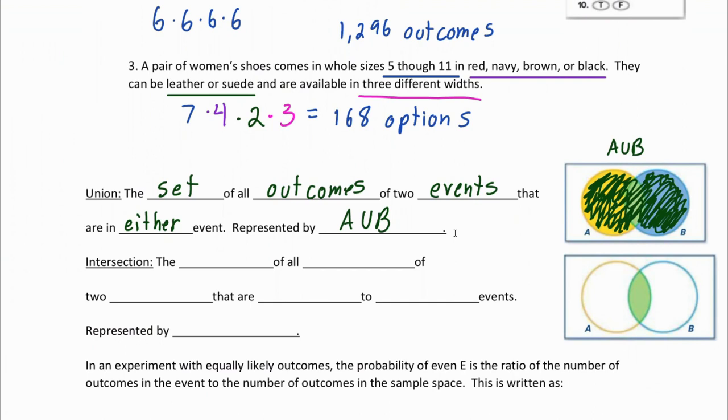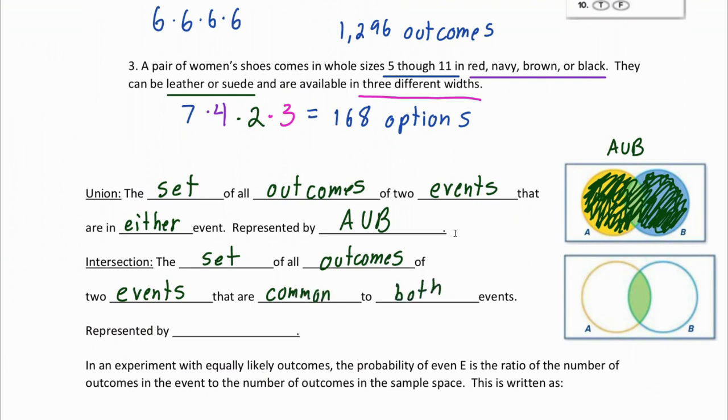Now there's also the intersection, which is the set of all outcomes of two events that are common to both events.